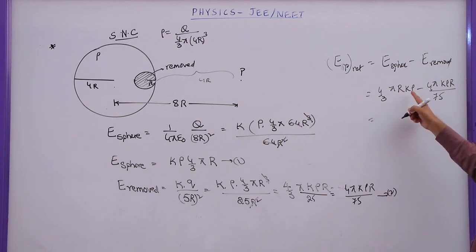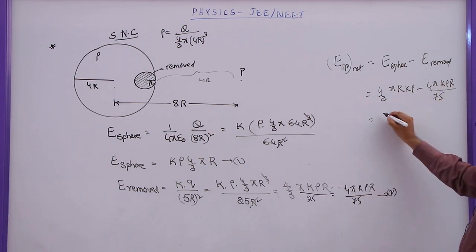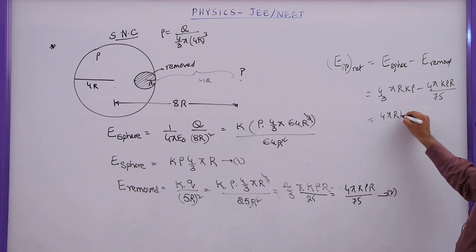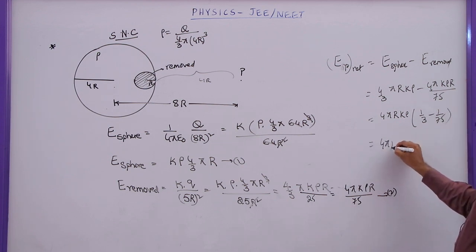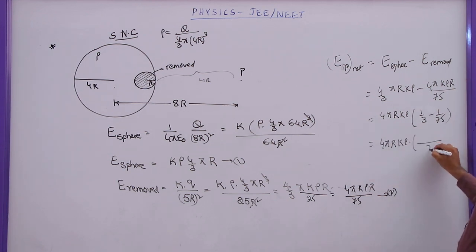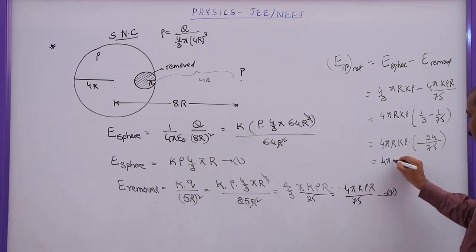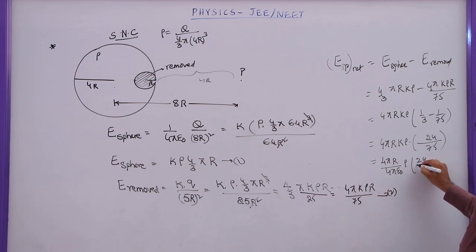Here 4 pi r k rho is common: 1 by 3 minus 1 by 75, which is 25 minus 1, 24 over 75. Simplifying, with k as 1 by 4 pi epsilon naught, 4 pi cancels, and the remaining terms are 24 by 75 rho capital R by epsilon naught.